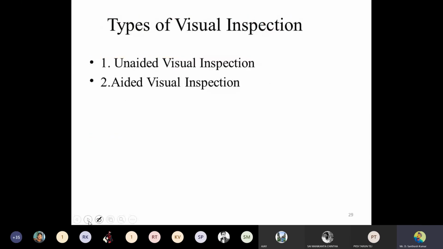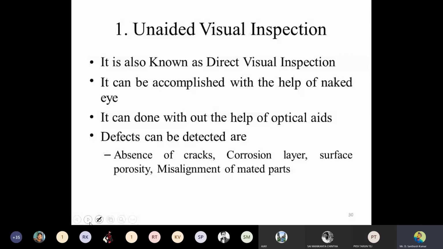In the case of visual inspection methods, majorly we have two different kinds of visual inspection methods. One is unaided visual inspection, and the second one is the aided visual inspection technique. In unaided visual inspection, you are directly inspecting the component with the naked eye.